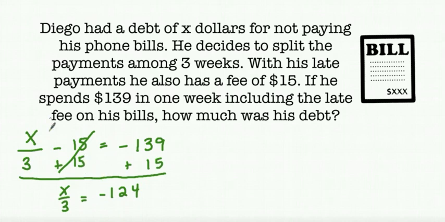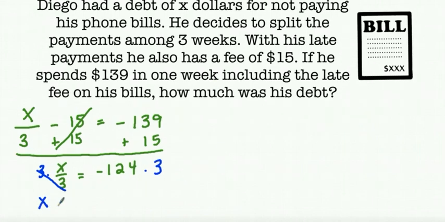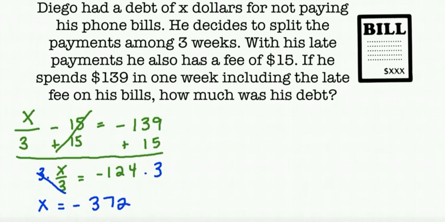And in order to get x by itself, we're going to multiply by 3 on both sides. So x is equal to negative 124 times 3. So x is going to equal negative 372, which was how much debt he had for not paying his phone bills.